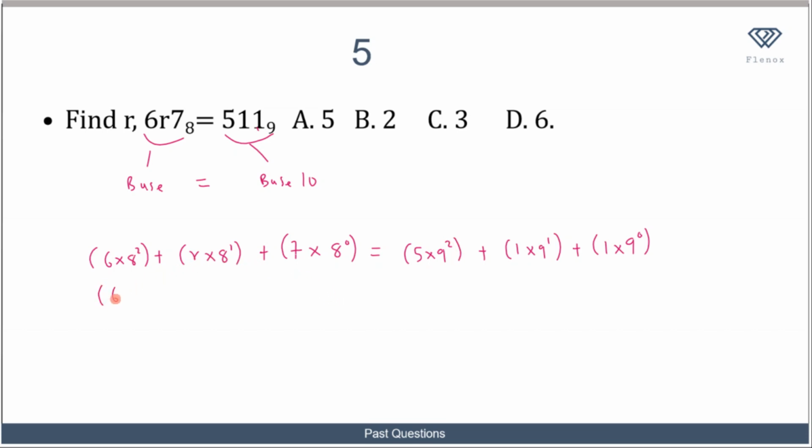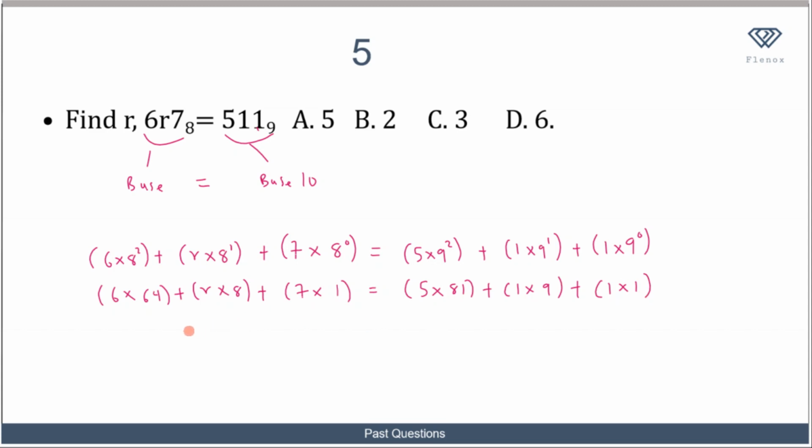So you have 6 times 8 squared, which is 64, then plus R times 8, then plus 7 times anything to the power 0, which is 1, which equals 5 times 9 to the power of 2, which is 81, 9 to the power of 1 is 9, and 9 to the power of 0 is 1.